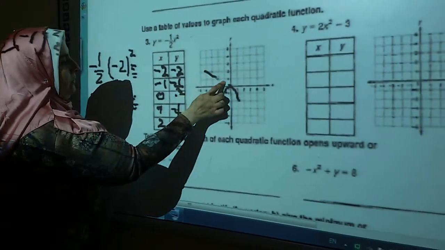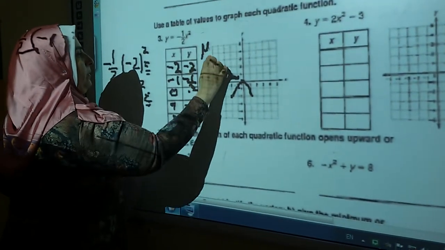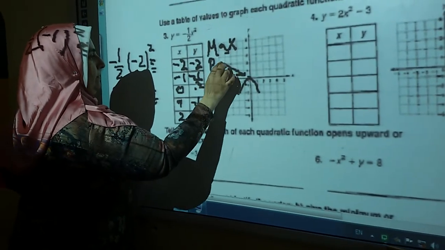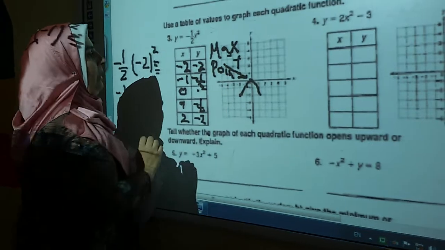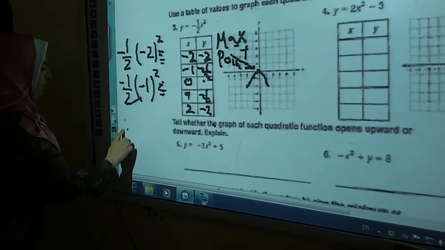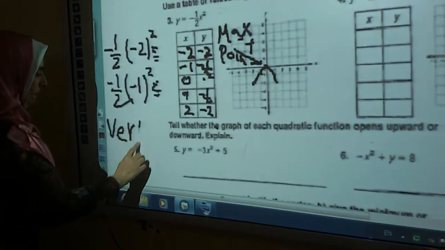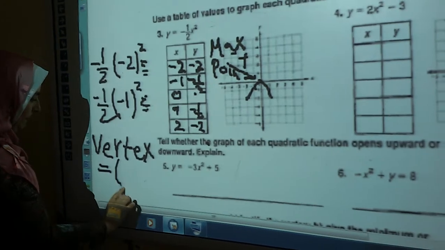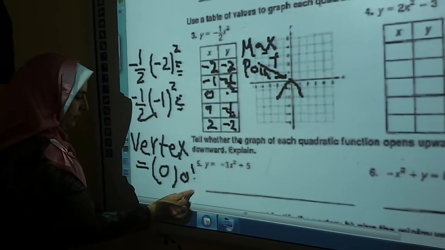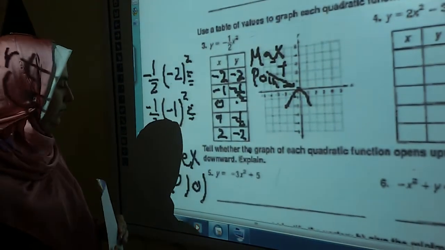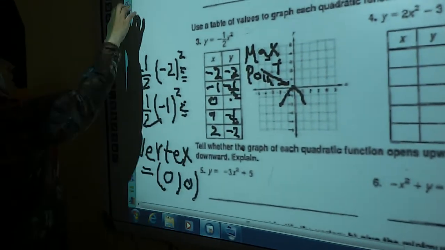This is called the maximum point, and it's also called a vertex. So my vertex equals 0 and 0. This is called a vertex (0, 0).